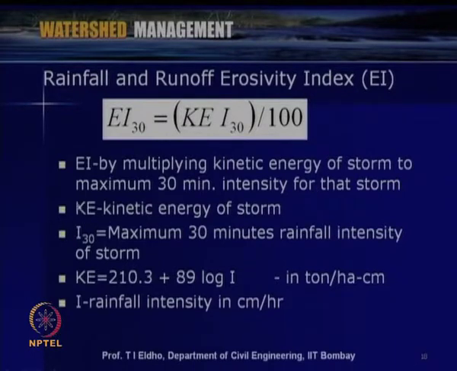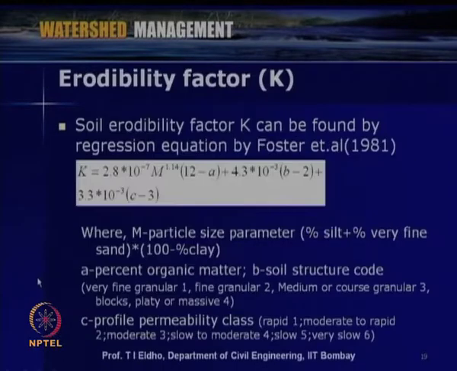Here KE is the kinetic energy of the storm and I30 is the maximum 30-minute rainfall intensity of the storm. The kinetic energy of the storm can be written as 210.3 + 89 log I, where I is the rainfall intensity in centimeter per hour. Using this equation we can find the erosivity index EI.